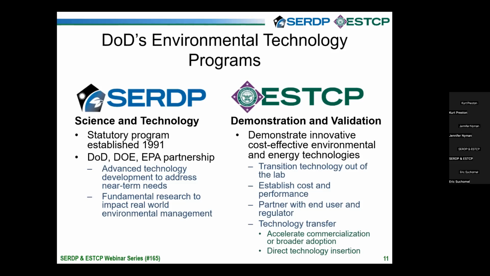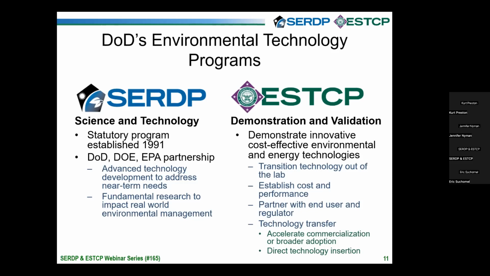SERDP's mission is to identify and address high priority environmental science and technology opportunities that focus on Department of Defense requirements. SERDP funds both fundamental research as well as advanced technology development that ultimately impact real-world environmental management.